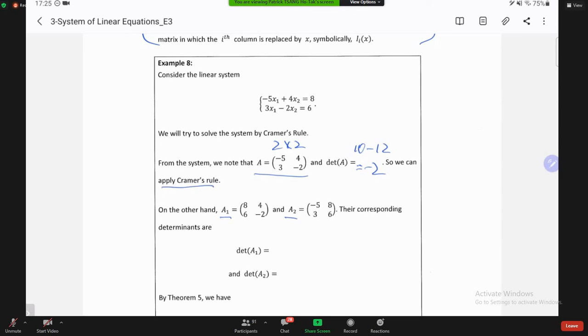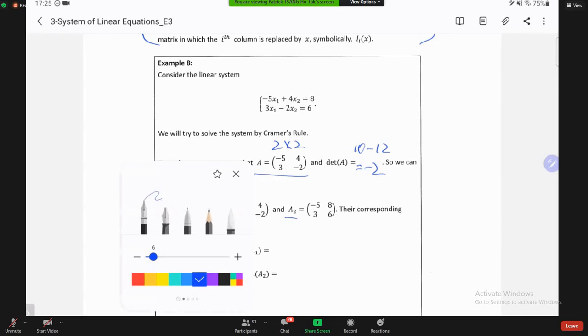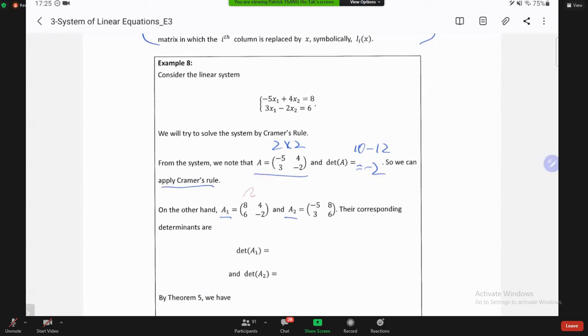So you can see that, maybe I circle it out for you. The original matrix A is here. For A1, that means we are going to replace -5 and 3 by the column matrix 8, 6, right?